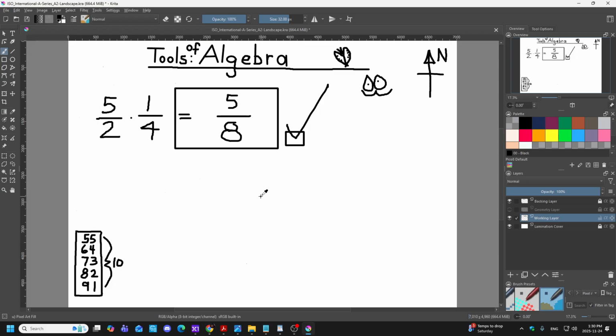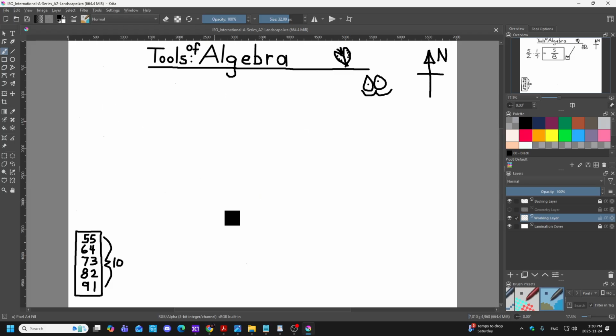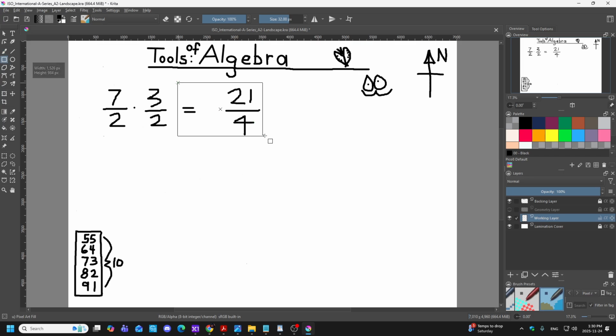Let us continue. 7 halves multiplied by 3 halves. Seven times 3 is 21, divided by 4. So we have, right, looking at this, we can see there's nothing we can cancel, right?